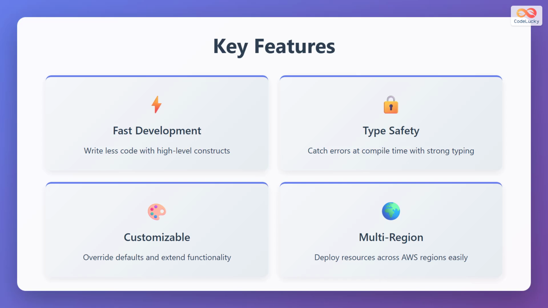Customization allows you to override defaults and extend functionality to meet your specific requirements, giving you flexibility when you need it. Multi-region support makes it easy to deploy resources across AWS regions, enabling global applications and disaster recovery setups without additional complexity. These features make CDK both powerful and practical for real-world infrastructure management.